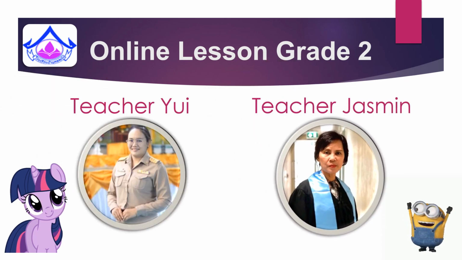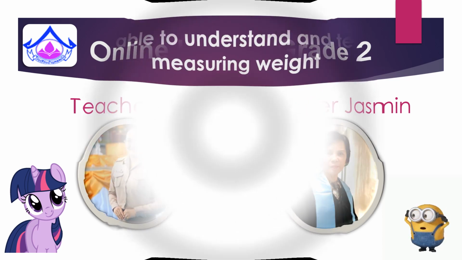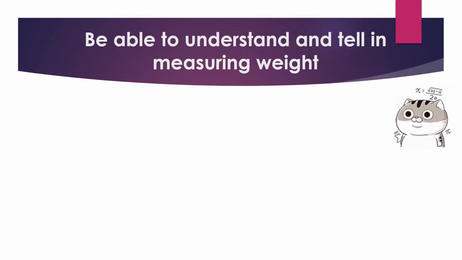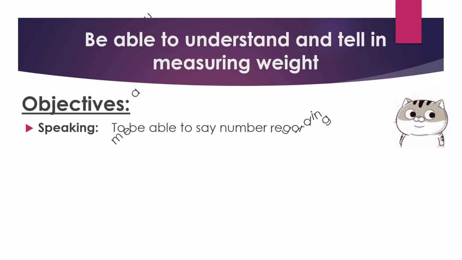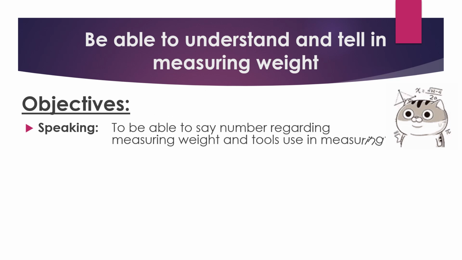Okay, next is be able. These are the objectives that we are going to know when we are studying this. Be able to understand and tell in measuring weight. Speaking: to be able to say numbers regarding measuring weight and tools used in measuring.